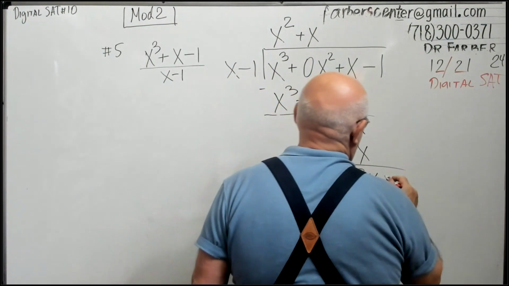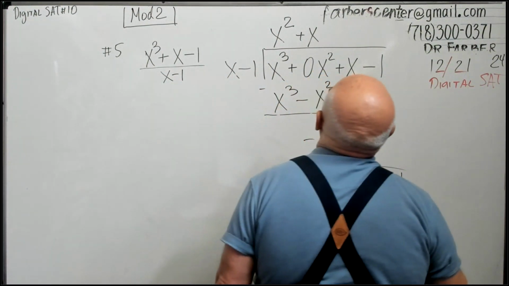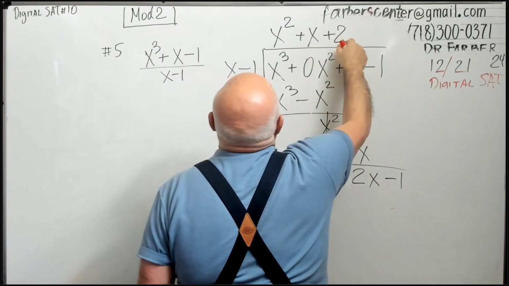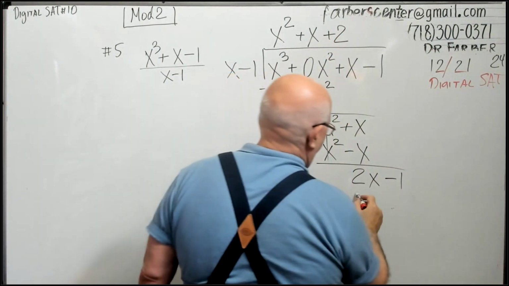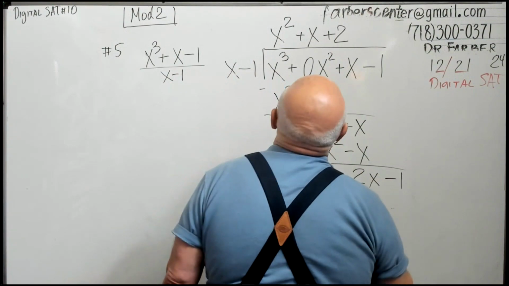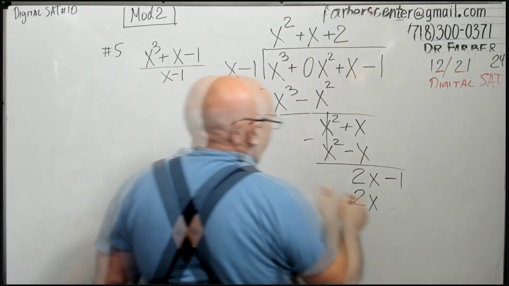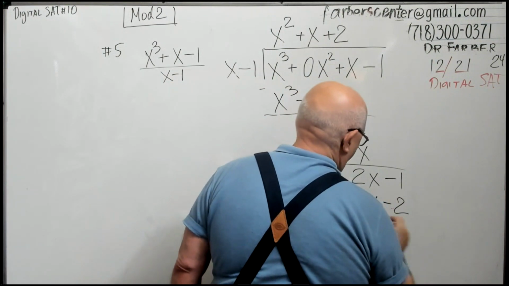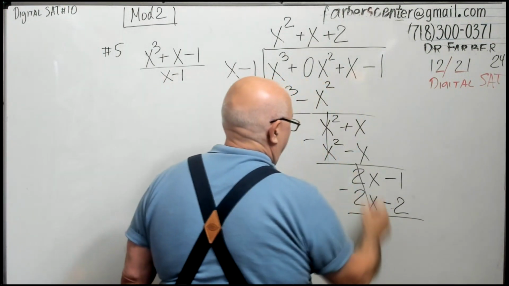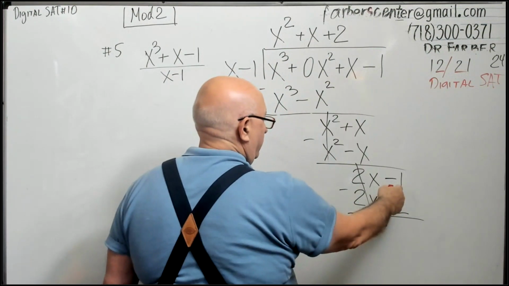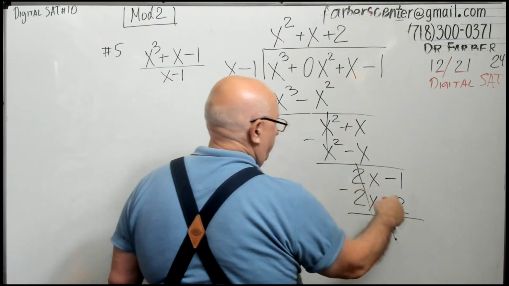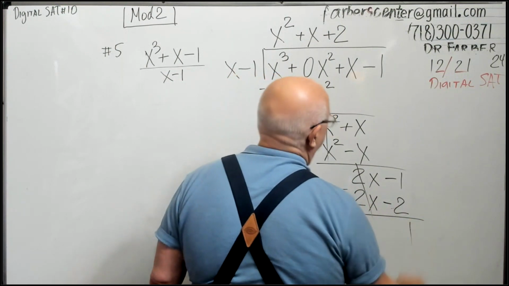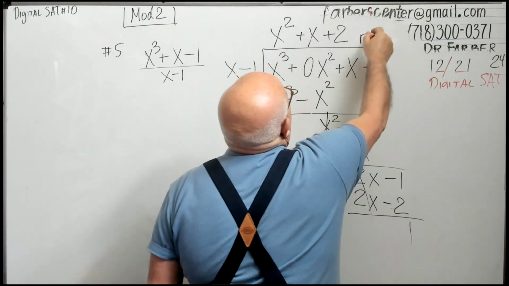Bring down -1. Plus 2. 2 times x is 2x. 2 times -1 is -2. 2x minus 2x cancel out. -1 minus -2 is the same as -1 plus 2, which is 1. And this is the remainder, 1.